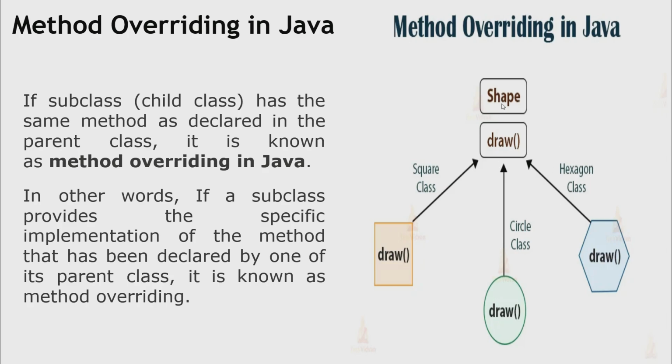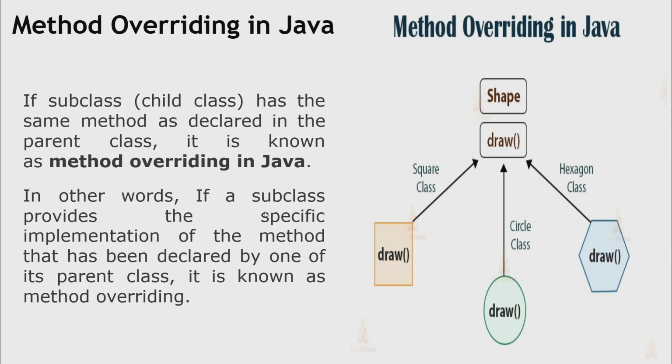The base class contains a method called draw(), which gets implemented in a specific way in different classes. For example, the draw method in the Square class is used to draw a square, the draw method in the Circle class is used to draw a circle, and the draw method in the Hexagon class is used to draw a hexagon.